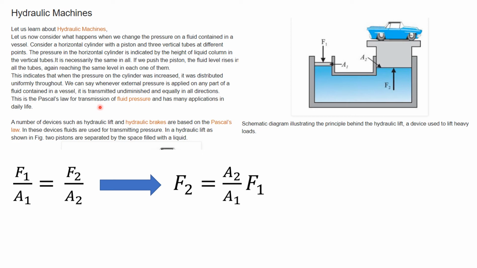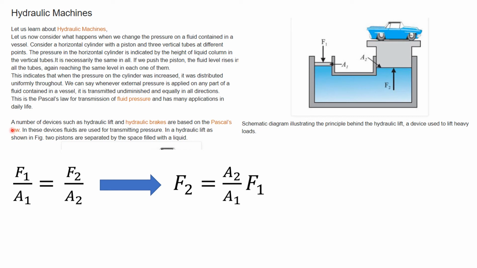This is Pascal's law for transmission of fluid pressure, and has many applications in daily life. Here you're pressing on this piston that has area A1, so you're giving a force of F1 on A1. It's transmitted through the fluid, and it manifests over here in area 2, which is shown to be a bigger area, and force 2.